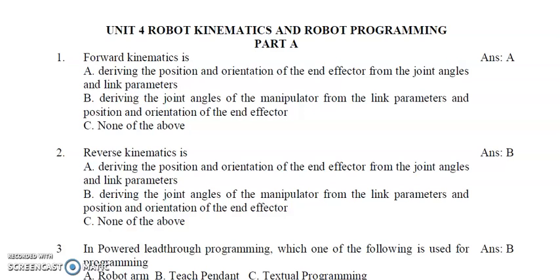Question 2. Reverse kinematics is A. Deriving the position and orientation of the end effector from the joint angles and link parameters. B. Deriving the joint angles of the manipulator from the link parameters and position and orientation of the end effector. C. None of the above. So reverse kinematics is deriving the joint angles of the manipulator from the link parameters and position and orientation of the end effector.